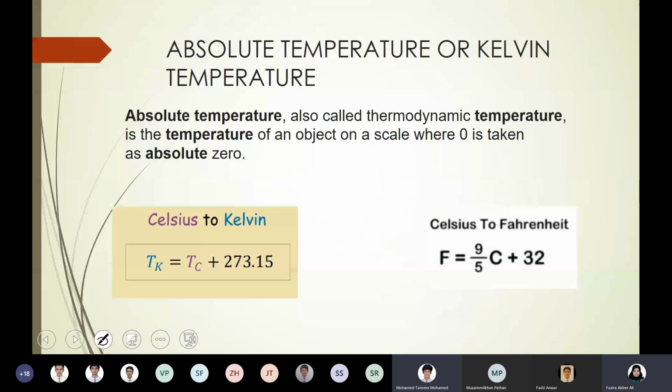Okay, I got some definitions over here. Absolute temperature, also known as thermodynamic temperature, is the temperature of an object on a scale where zero is taken as absolute zero. That means no energy or no movement.